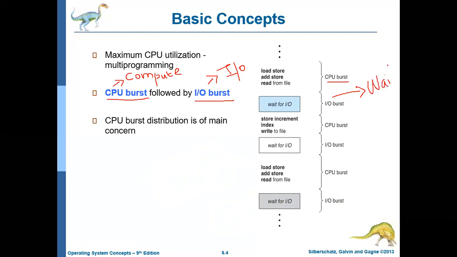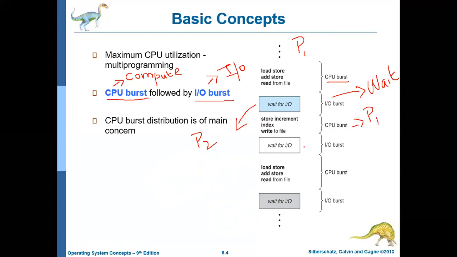So what can be done in a multi-programmed environment? During this time, the CPU can be allocated to some other process. If this is process P1, then during this time, maybe another process P2 can execute. Once this IO is completed, the CPU can be given back to P1, so that it has some CPU burst.